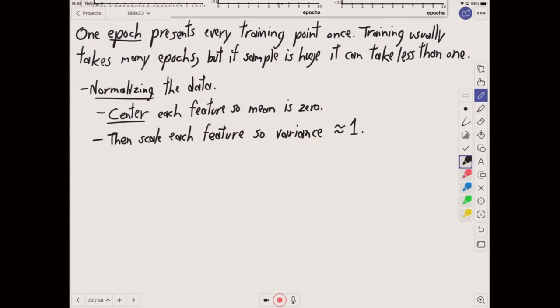If you have one feature that's usually between 0 and 1, and another feature that's between 0 and 1,000,000, the feature that's between 0 and 1,000,000 is liable to overpower your neurons relative to the small features and mess things up. So the small numbers don't have a chance to have an influence. We do find that normalizing the data helps with neural networks in practice for several different reasons.